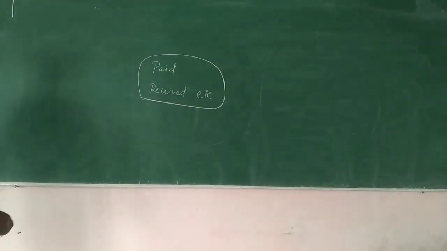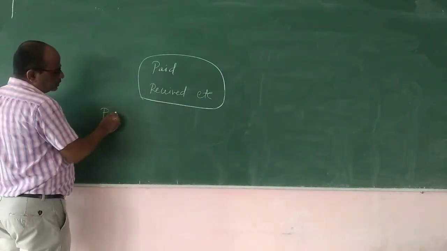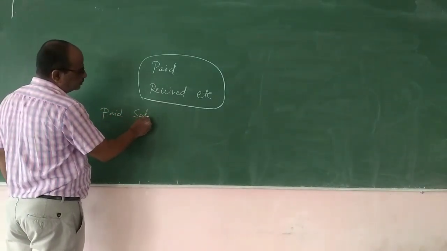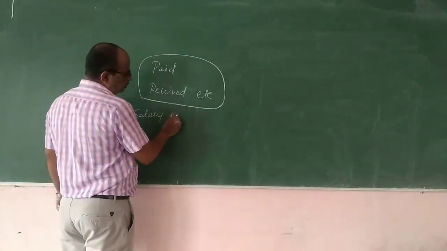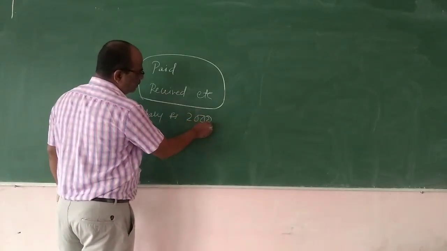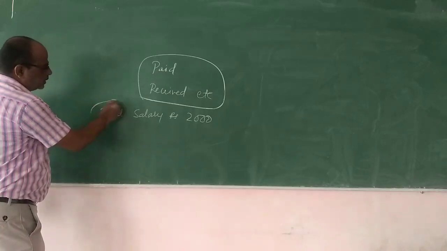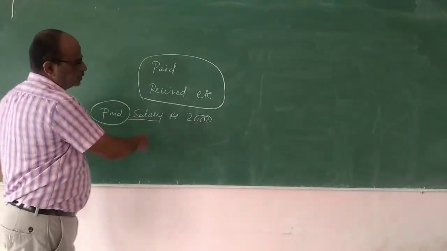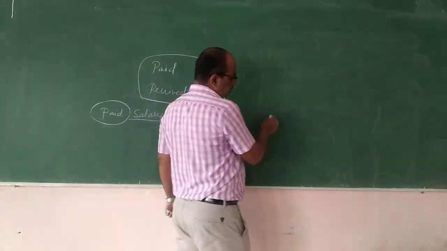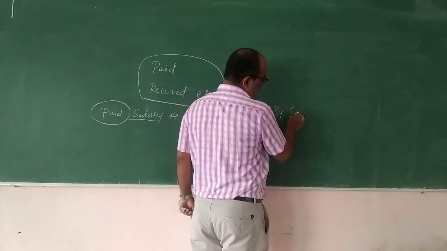For example, paid salary rupees 2000. It is a payment, so don't show paid. Show what? Salary. On the payment side, you will write by salary.